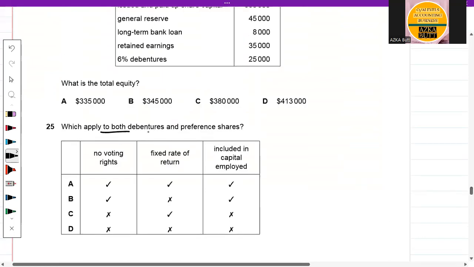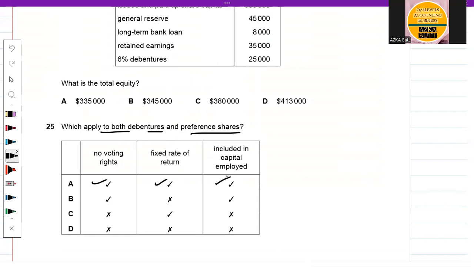Which applies to both debentures and preference shares? No voting rights, yes, they don't have voting rights. Fixed rate of return, yes. Included in capital employed, yes, this is true, because debenture is part of your non-current liability, and in capital employed we add the preference shares and also the debentures.